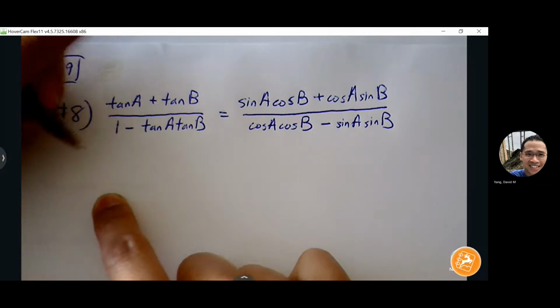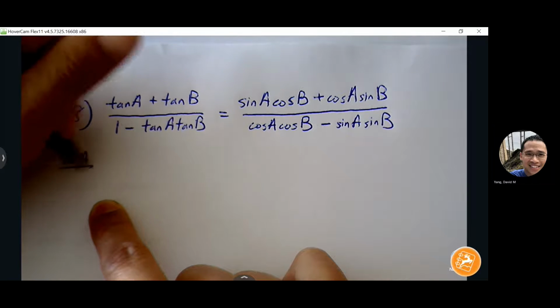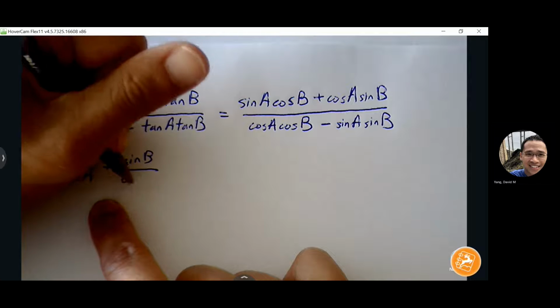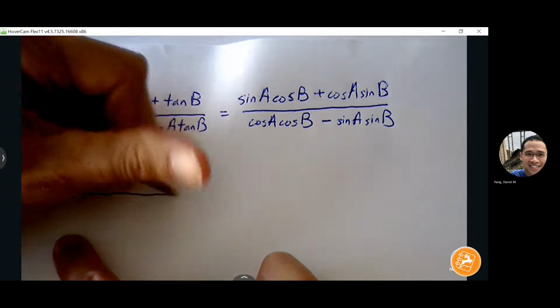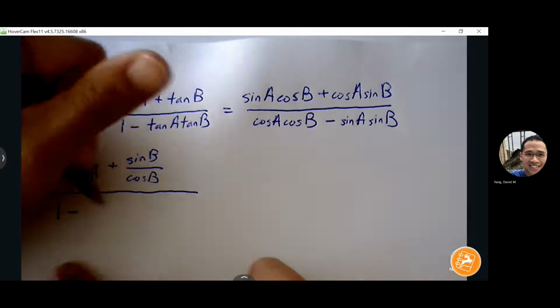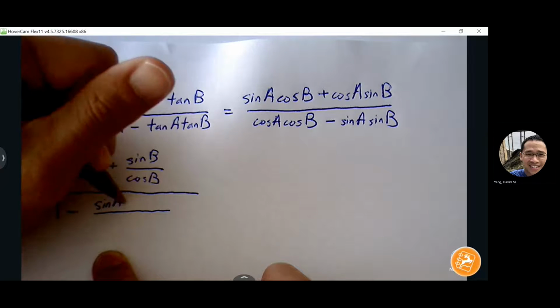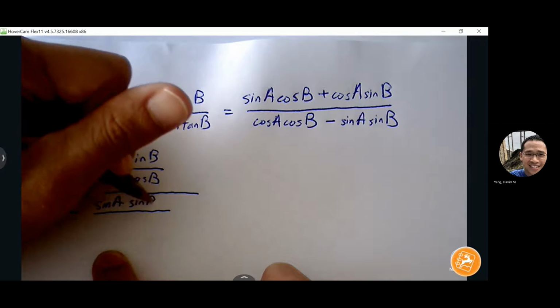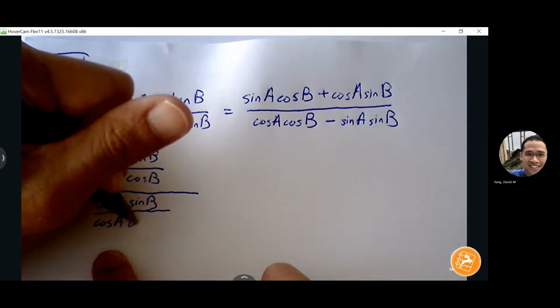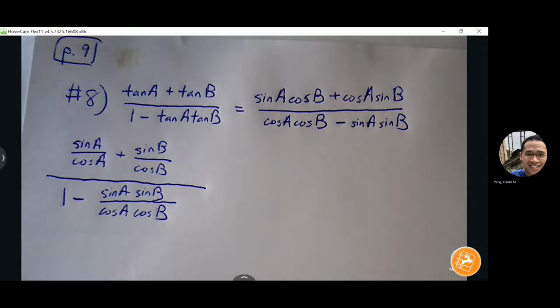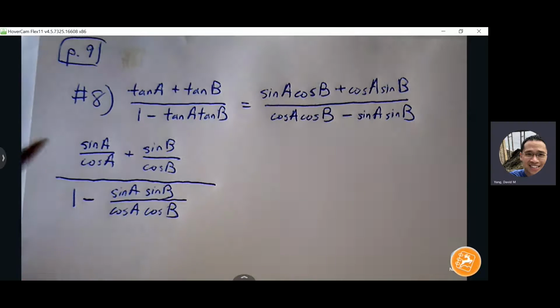All right, so. Now, both my numerator and denominator are going to have to go through common denominators, right?